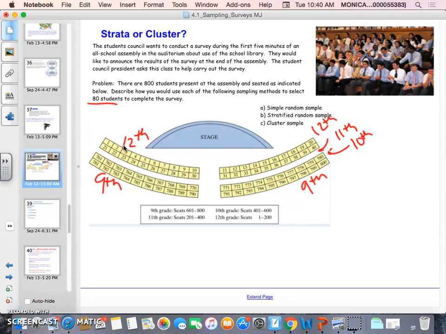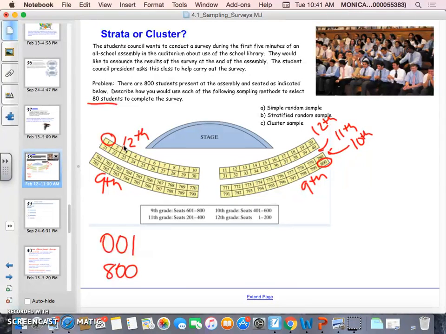Well, first of all, a simple random sample would mean that I would have to look at the entire group of 800, get my table out and look for 3-digit numbers. If I found 001, then this person would be selected to take the survey. If I found 800, then this person here would be selected, and so forth.